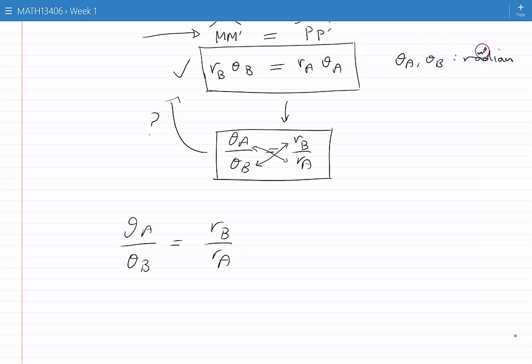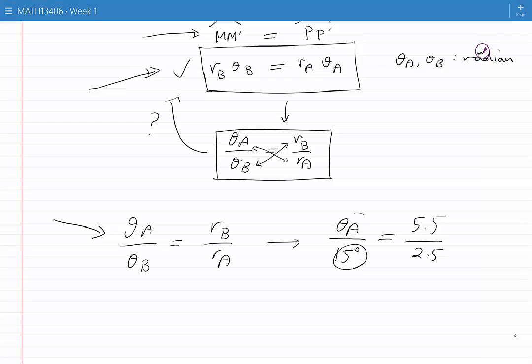Now let's plug in the values that we have. Theta A divided by theta B, which is 15 degrees, is equal to 5.5 over 2.5. The reason that we are using this equation rather than the original equation is that we would not have to convert the thetas into radians. The given angle is in degrees, and the answer is also asked to be in degrees.